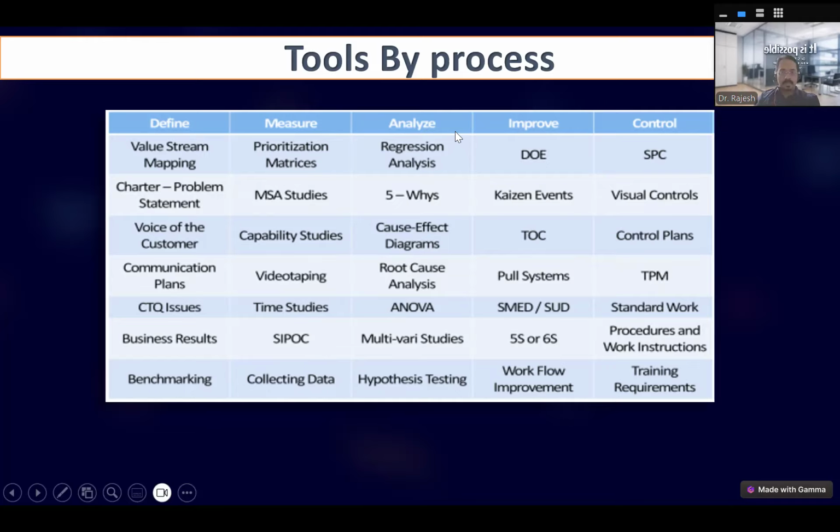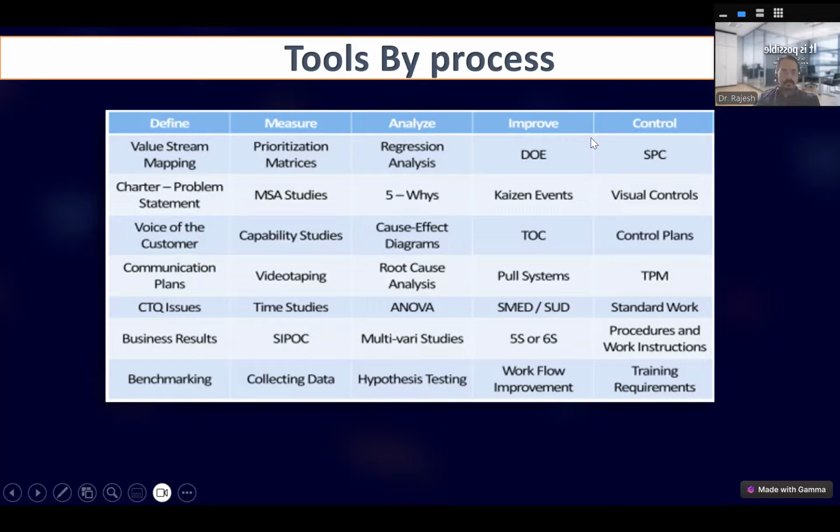And then coming to analyze: regression analysis, 5 Why we covered. Cause and effect analysis, the fishbone diagram, and then 5 Why, which is a root cause analysis. ANOVA, you will cover in the green belt and black belt, and multi-vari studies, and then hypothesis testing. These are all a part of analysis.